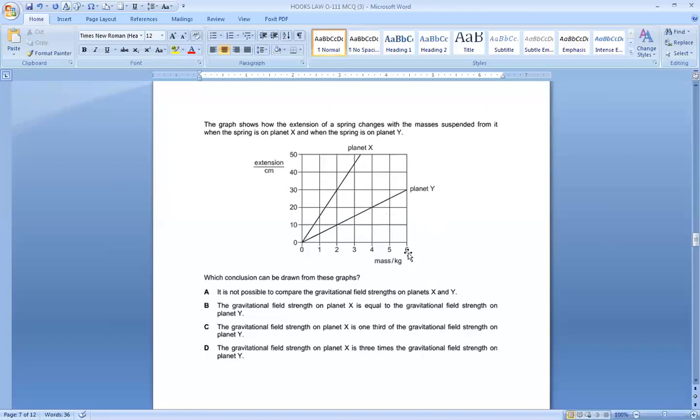So 30 divided by 6 gives you 5 centimeter per kg. On planet X, we have 15 centimeter per kg. On planet Y, we have 5 centimeter per kg. So the gravitational field strength on planet X is 3 times the gravitational field strength on planet Y. So D is your option.